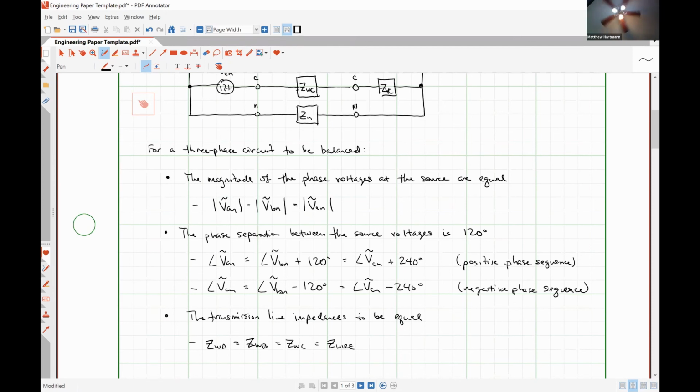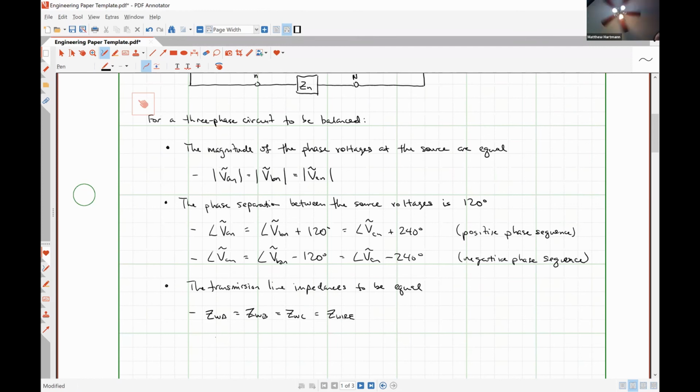Note that the neutral impedance Zn does not have to be the same as the transmission line impedance for this system to be balanced. It's a special conductor, and if you actually look at the NEC code, the National Electrical Code, the rules for specifying the size of the neutral conductor are very, very different than the transmission line conductors.